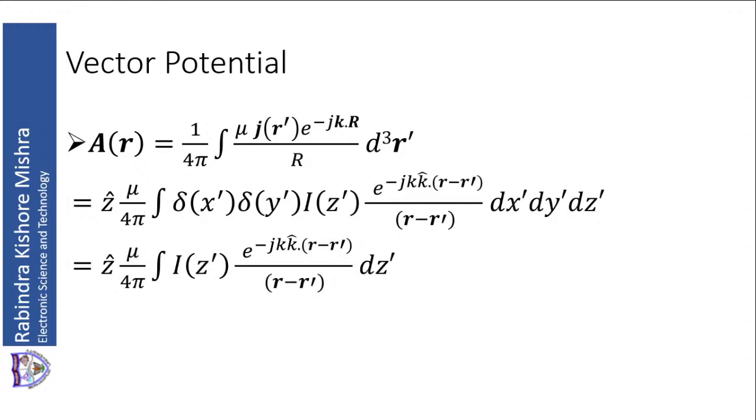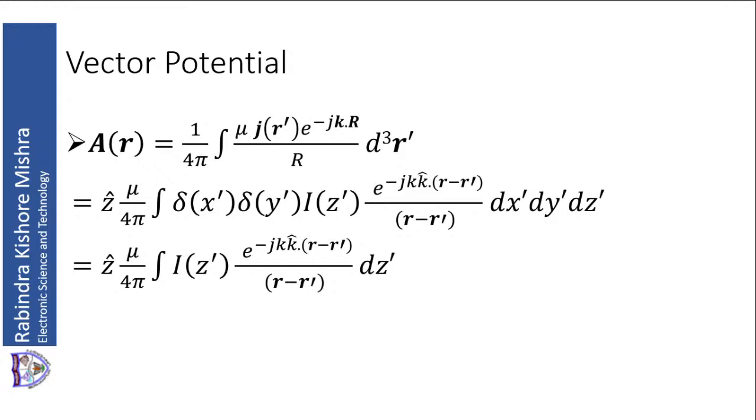Then in the denominator we have capital R, which is r minus r dash. Then the volume element is dx dash, dy dash, dz dash. The volume element encloses the source, and the position vector of the source is r dash.